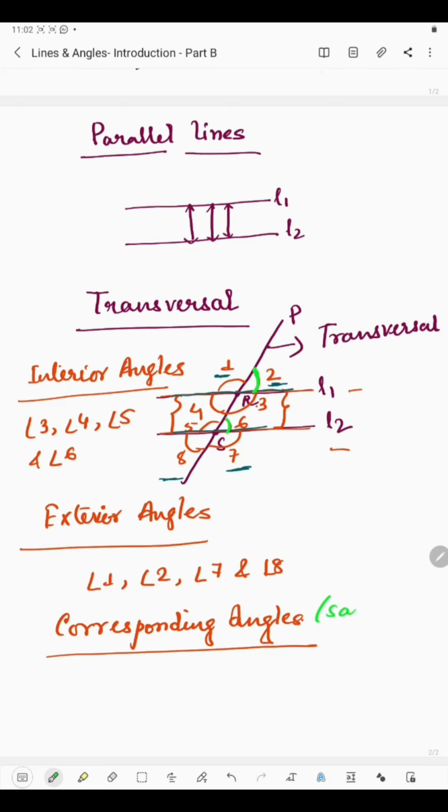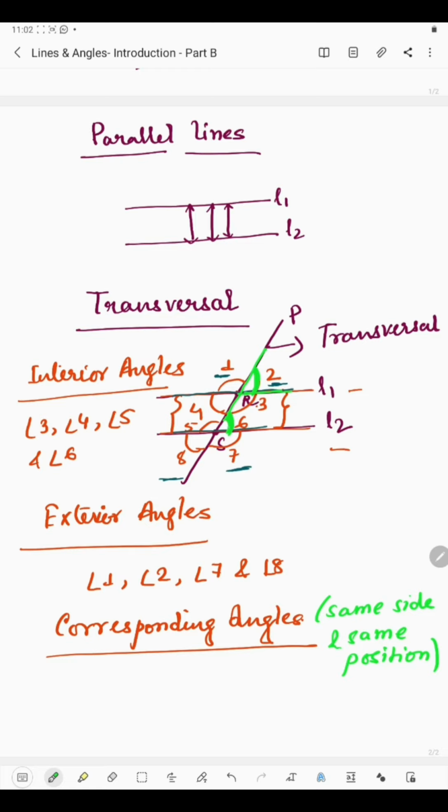So same side and same position. This is the right side and here is also the upper part. Here this is the transversal line and here this is the first line. So here one angle is formed and here also this is the upper part. So we can write it as angle 2 and angle 6.